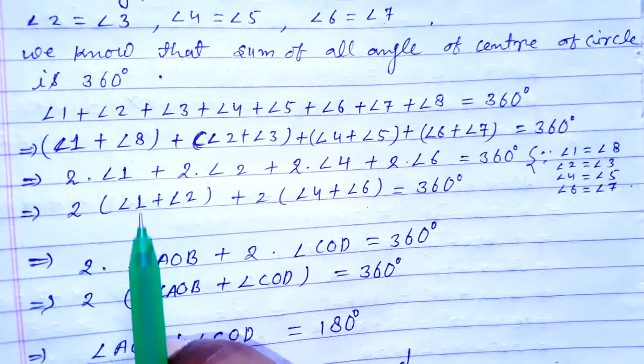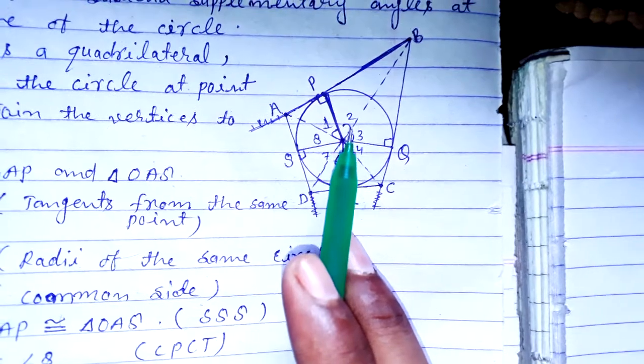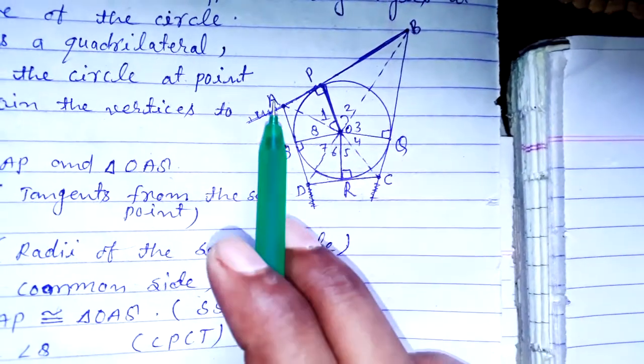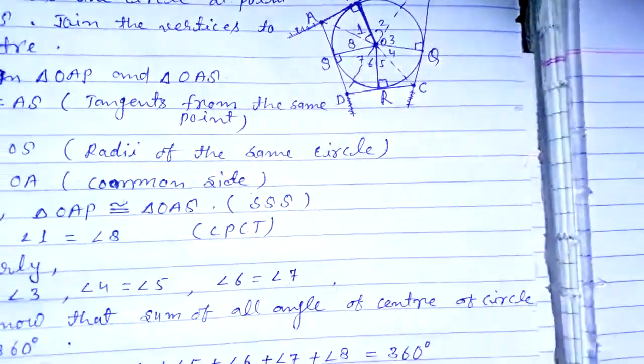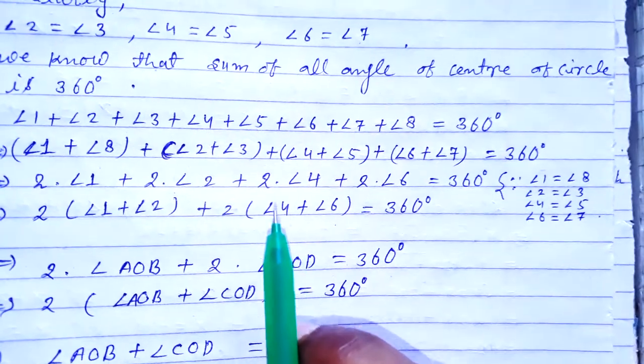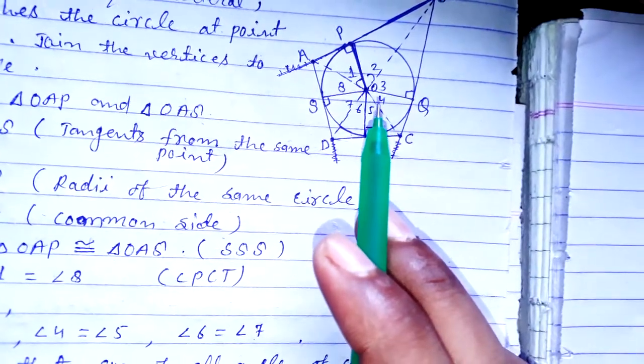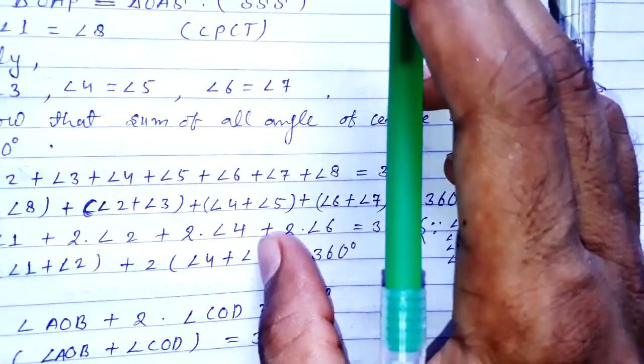As angle 1 plus angle 2 is this angle AOB. So this is AOB, and angle 4 plus 6.